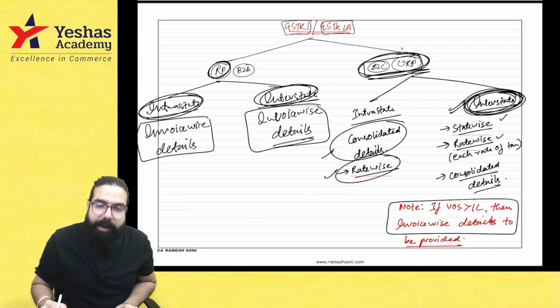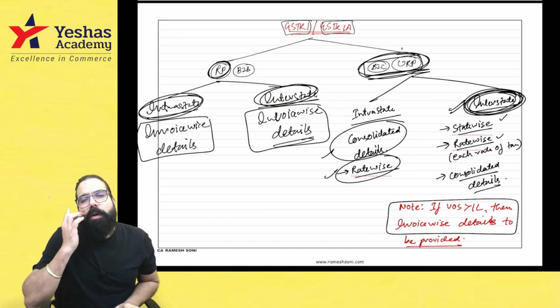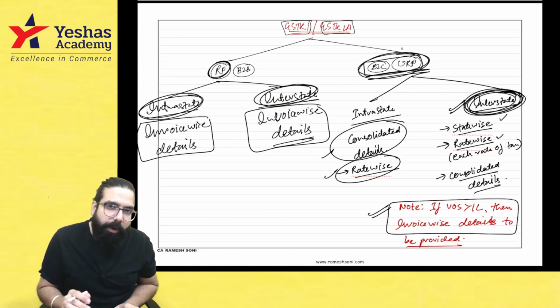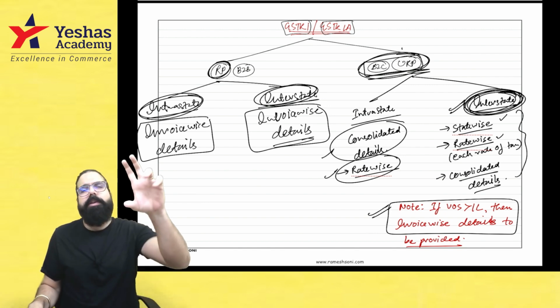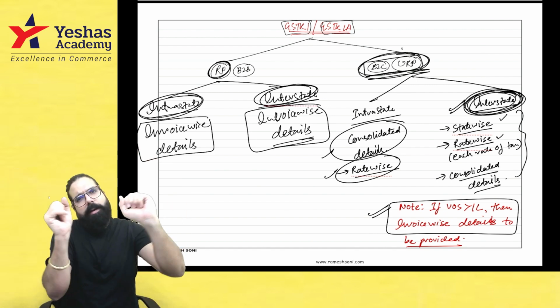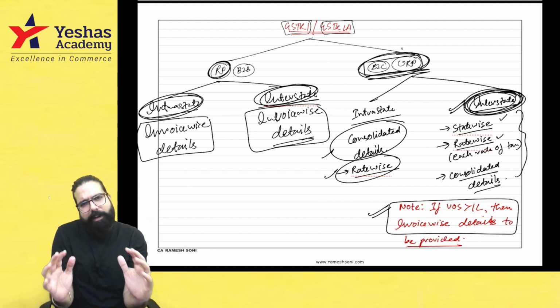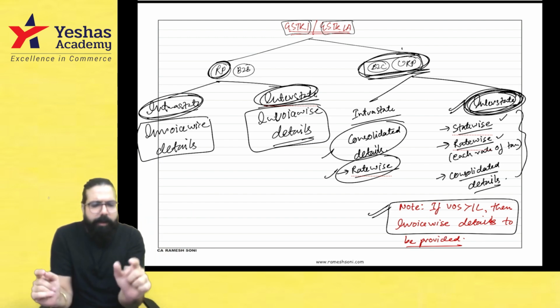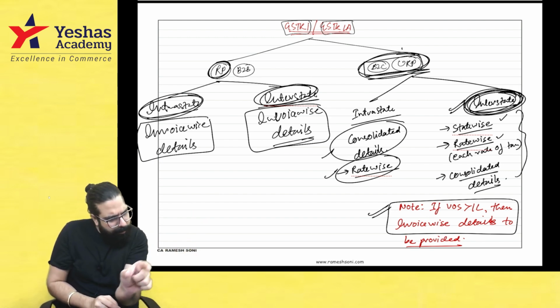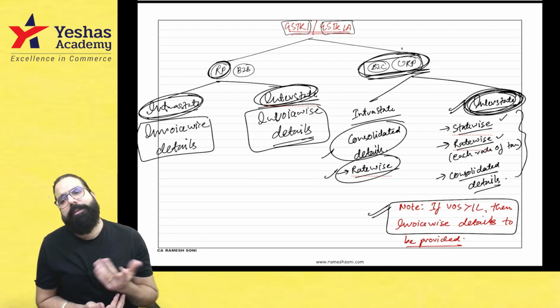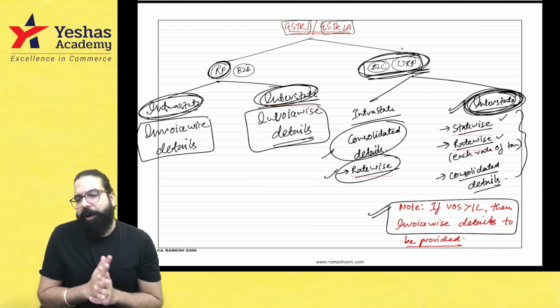But in the interstate case, if the amount is more than 1 lakh, for that you have to give invoice wise detail. For all other detail, you can give this state, this was the total sale; this state, this was the total sale. In this state, in this rate this was the sale, in this rate this was the sale. That's all. I hope this point is clear to all of you.